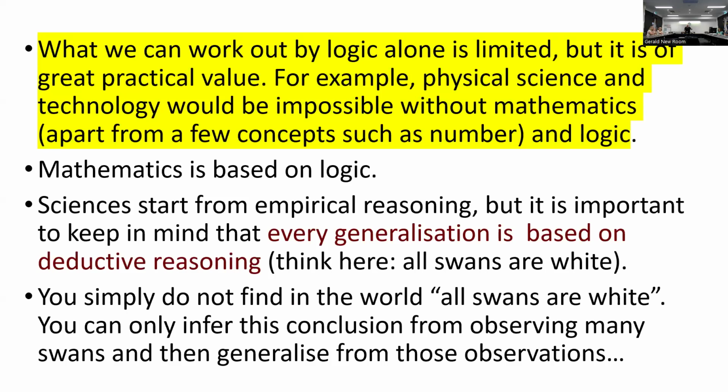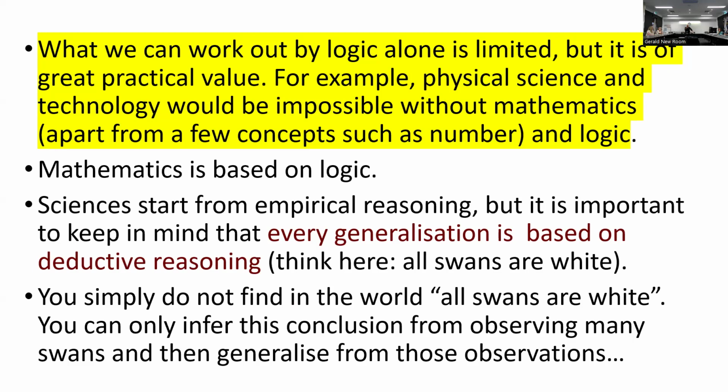So what you can work out by logic is limited, but the sciences are based on it. Think about that. Science starts from empirical reasoning, but it is important to keep in mind it doesn't stay with empirical reasoning. It's always extended with the generalization, which is deductive.